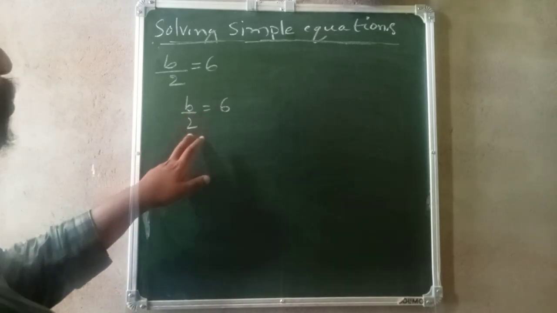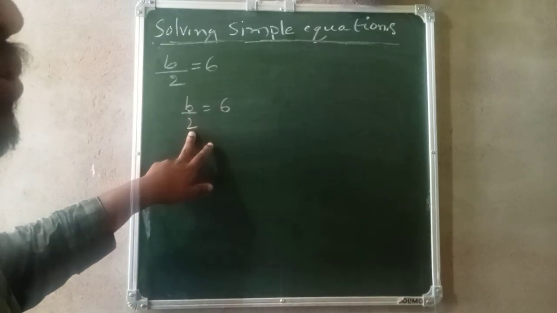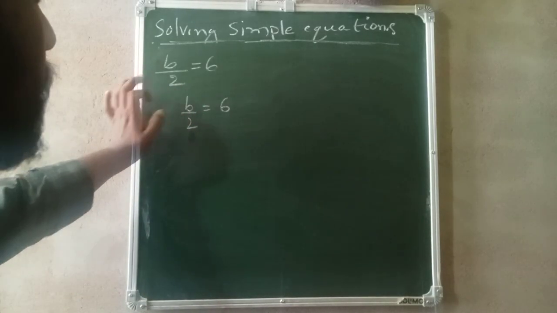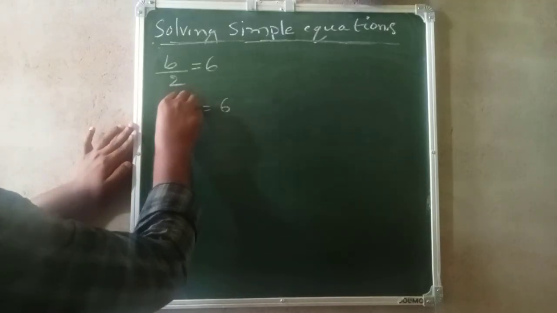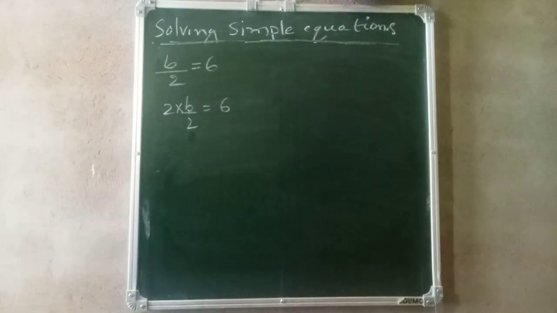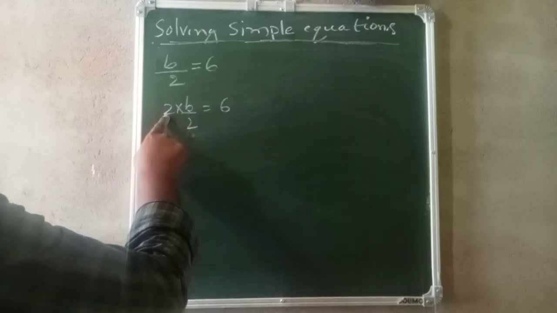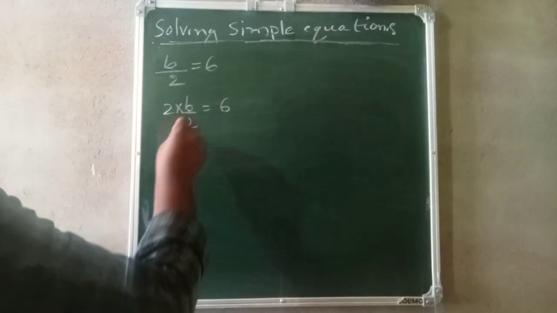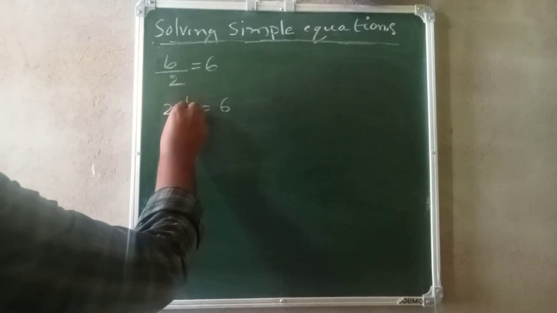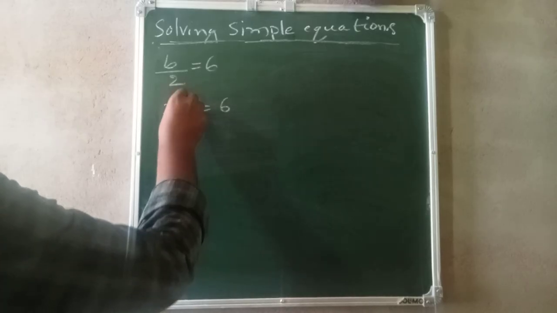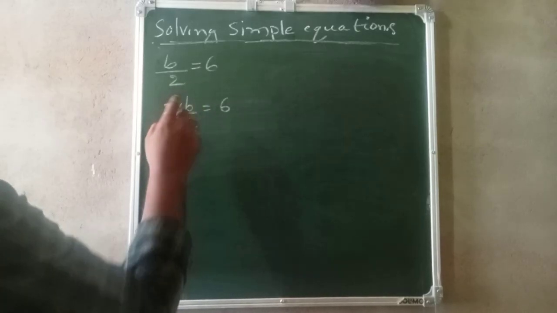Because of divided by 2, to remove this 2, we have to multiply this by 2. Because this is division, you have to multiply by the same number 2.